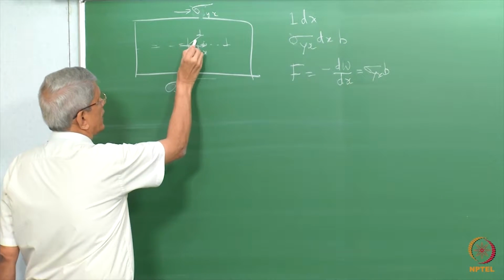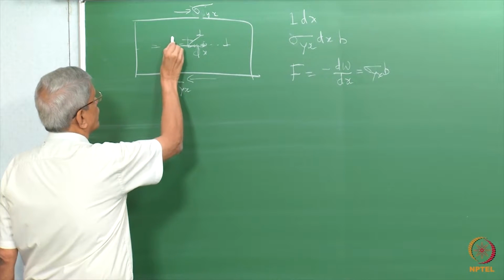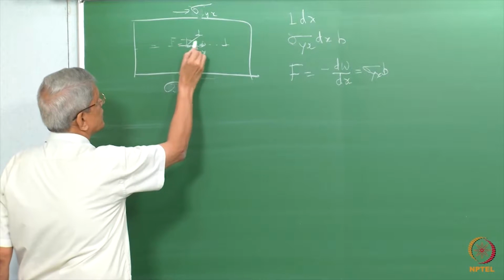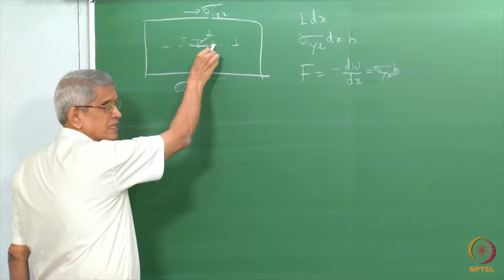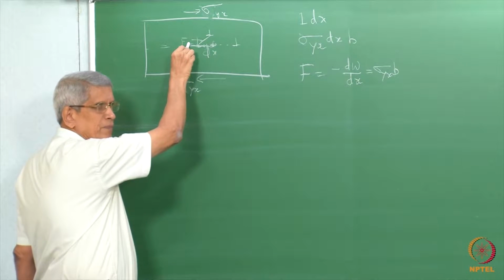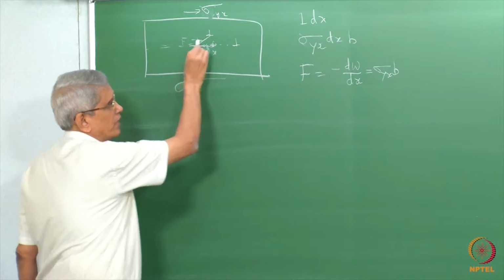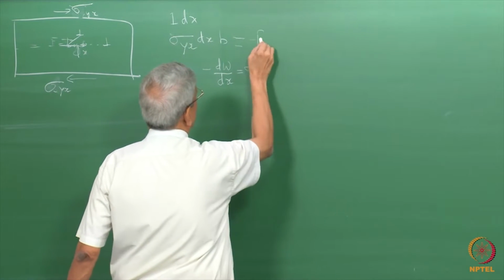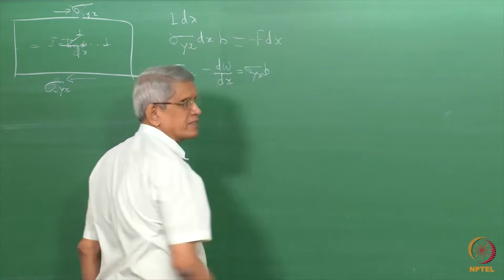Suppose a force is acting on that unit length of the dislocation and has displaced it by this distance dx, then force into displacement becomes the work. One will be the opposite of the other, and we can equate these to dx, right?